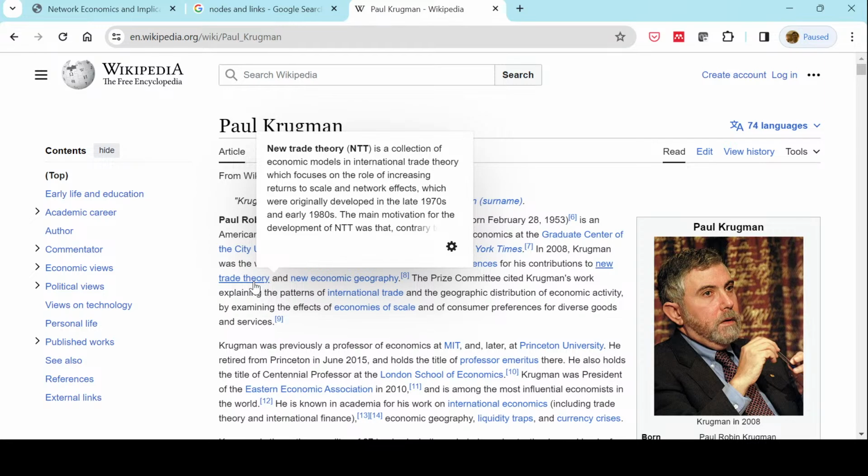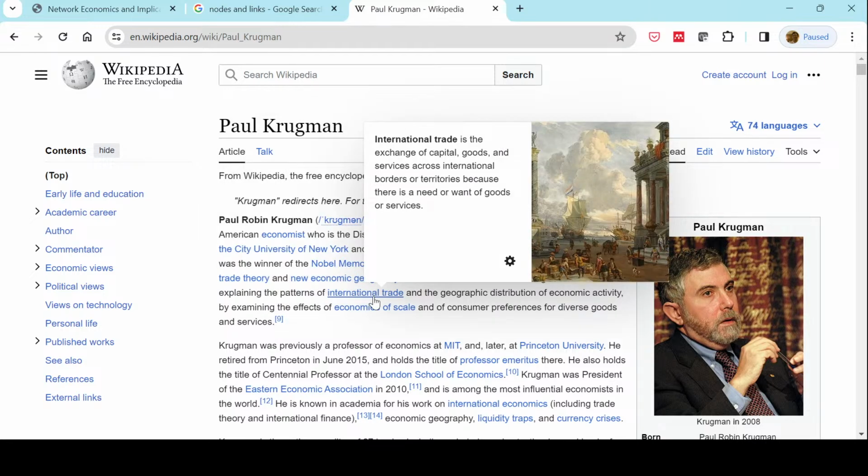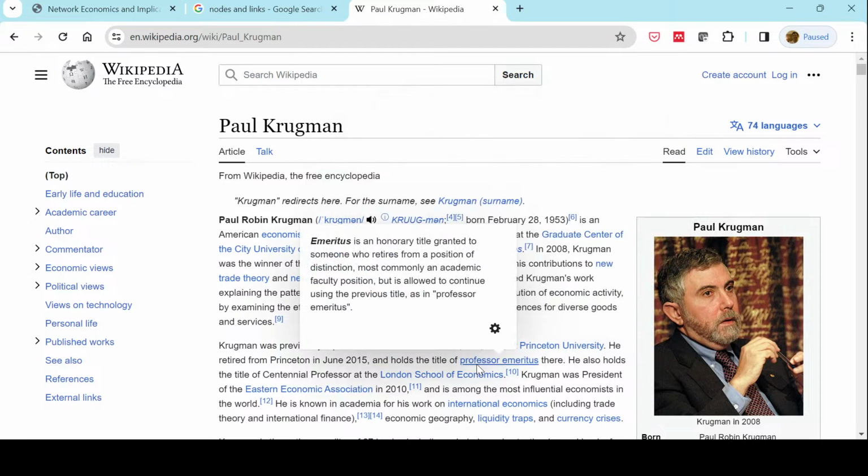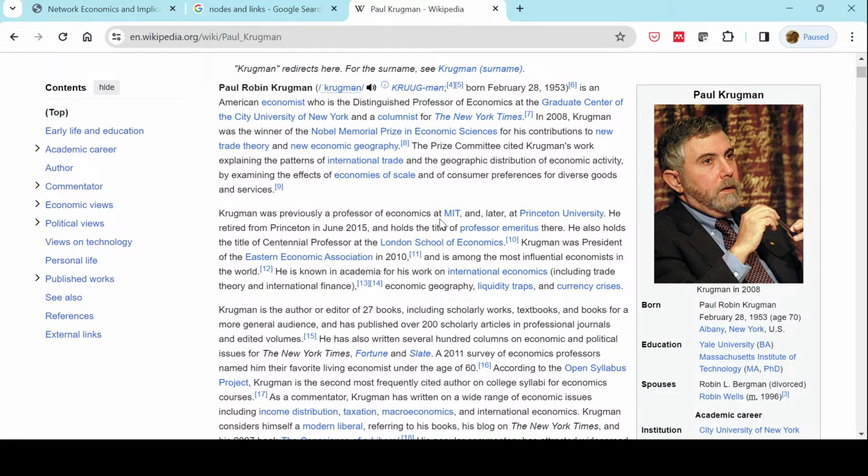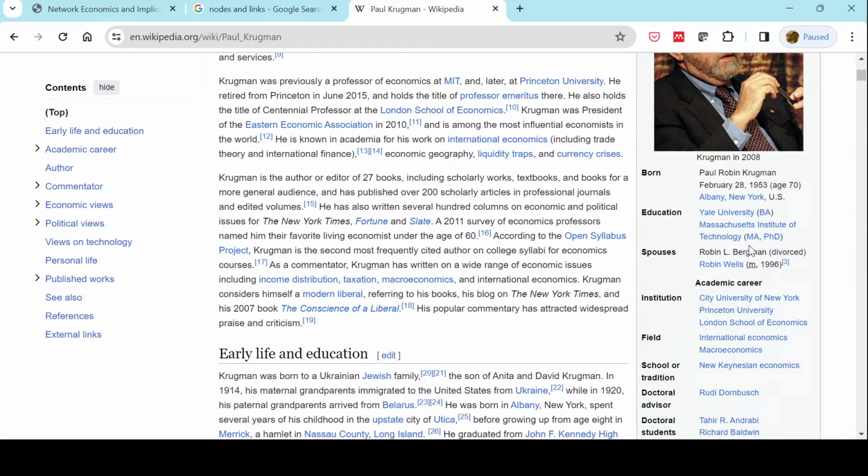We are in almost the same area, international trade. He was a professor at MIT and later at Princeton in New Jersey, USA. He graduated from Yale and MIT, with a PhD from MIT.